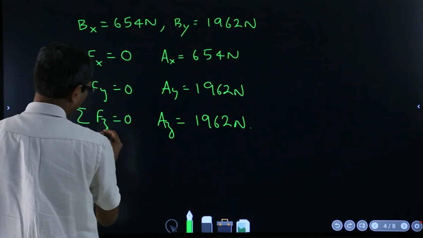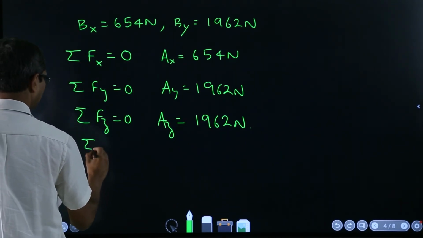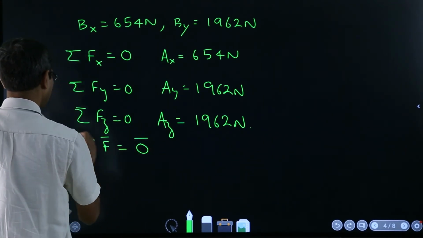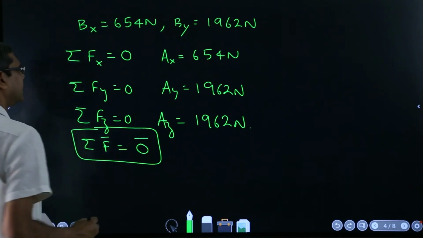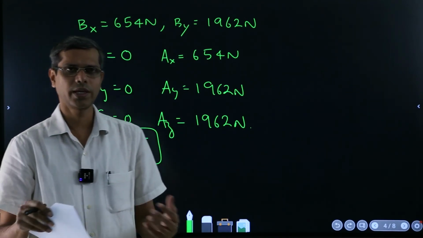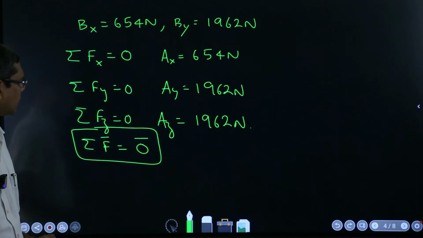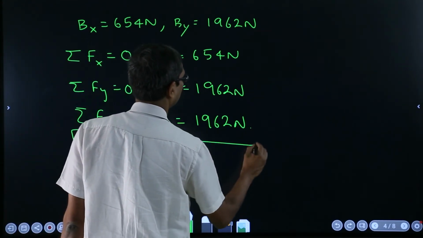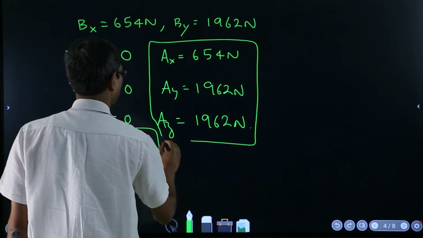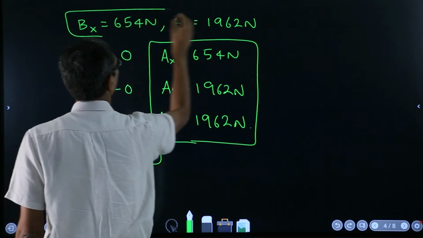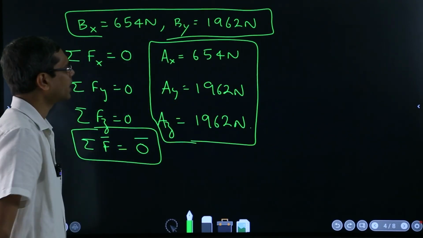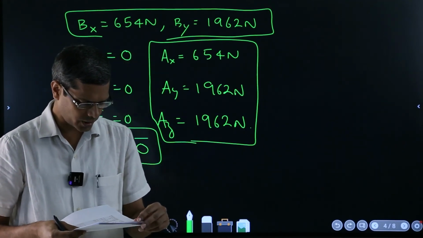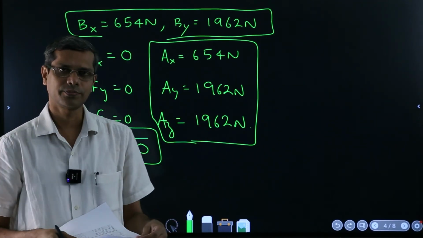So you think in this way and get a single equation, and from there you get the scalar equations separately. That is how you get these unknowns which were required: 3 reactions from the ground and 2 reactions from the walls.